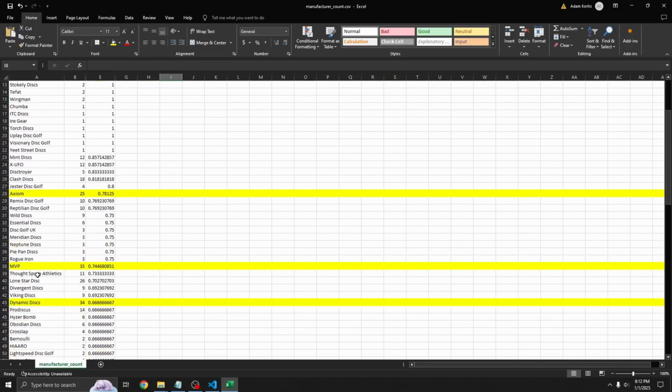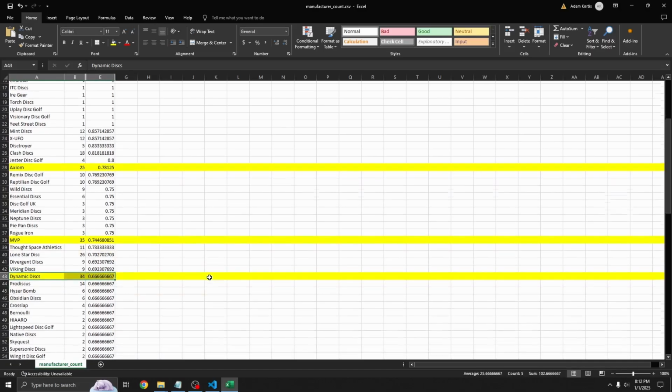MVP falls in third, so 35 of their discs, or 74% in total, had rim widths above the average rim thickness at each speed. We see another big name brand here, Dynamic, with almost 67% of their discs.